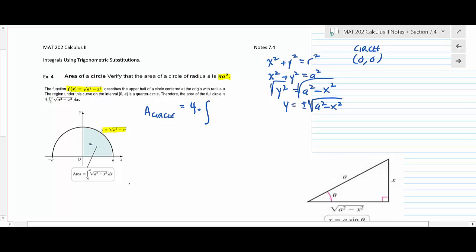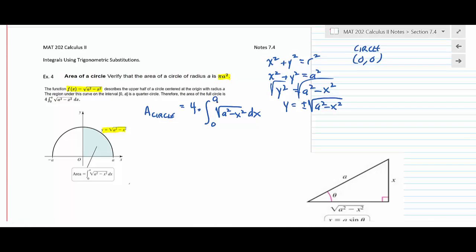It's 4 times that because this is just a fourth of a circle, right? So we're going to do the integral of the square root of a squared minus x squared dx, from 0 to a. If we can figure out what that integral is, then we will quadruple it, and we should have a formula for the area of a circle.